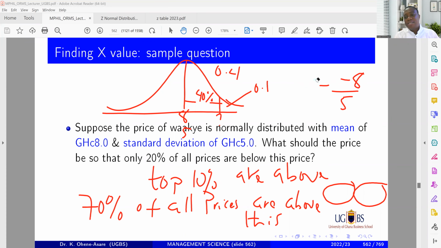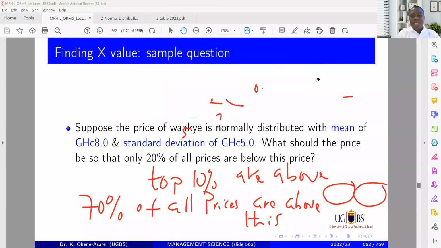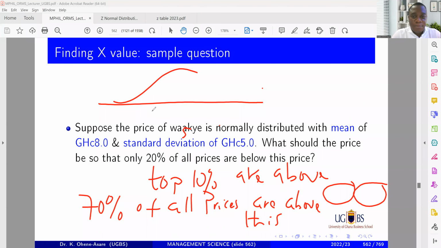How would you have worked it? How would you have even drawn it in the first place? 70% of all prices are above. Yes, Judith. So first you draw your curve, and then you put a mean in the middle, 8 and 5.